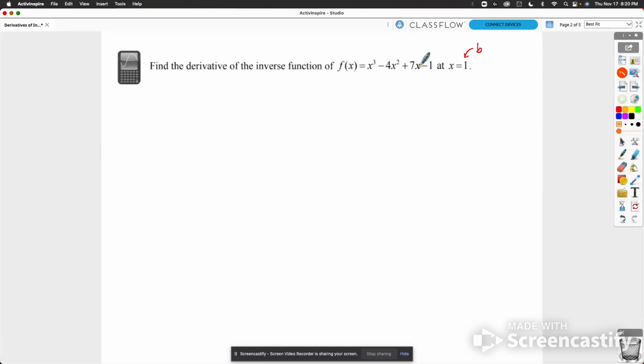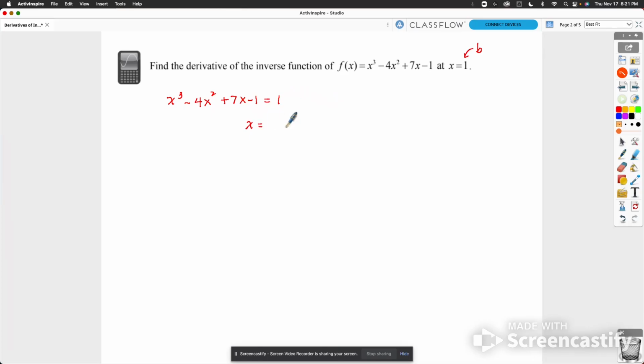So what we do is we take this function, x cubed minus 4x squared plus 7x minus 1, and set it equal to that b value. And then from here, we have to solve for x.